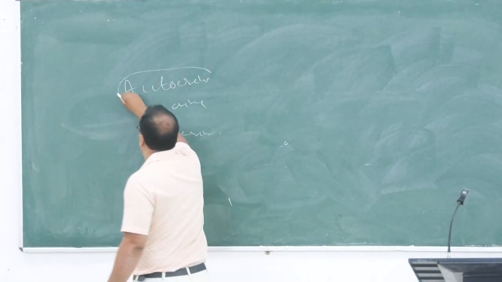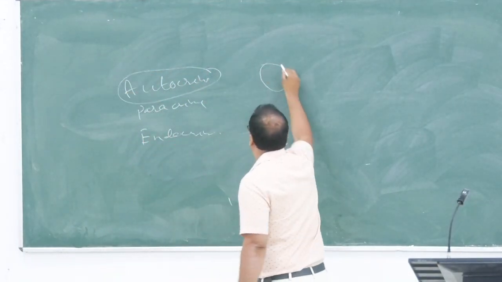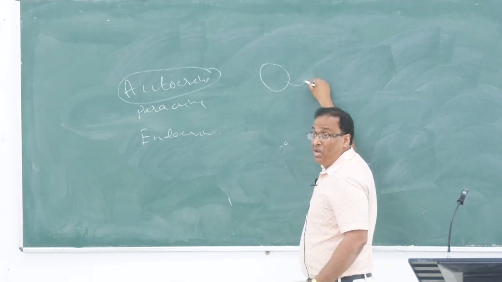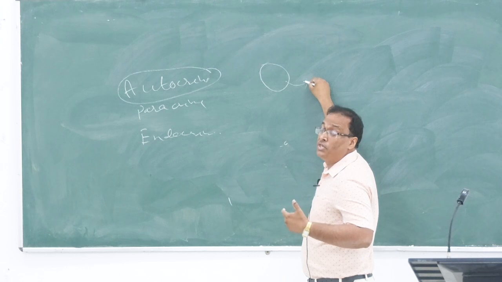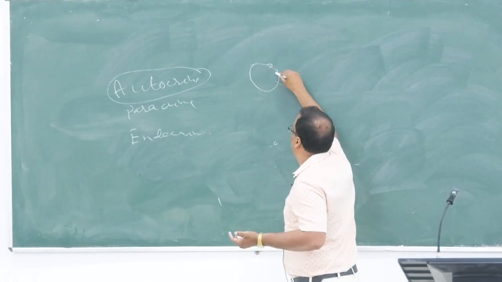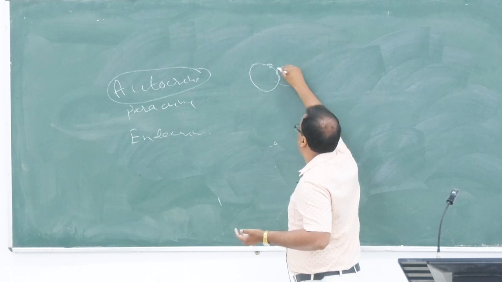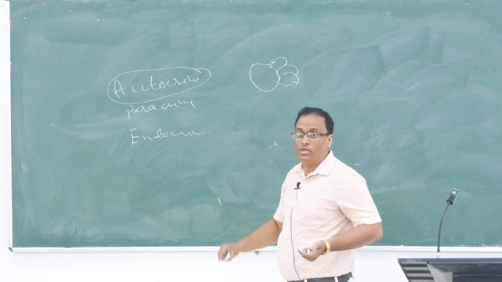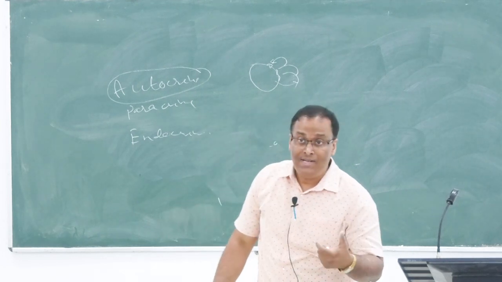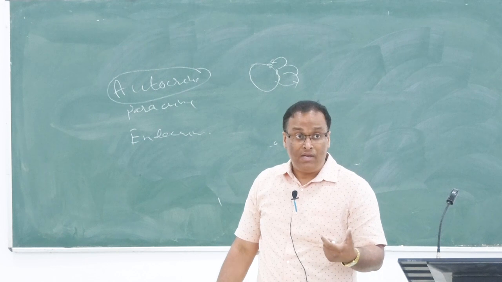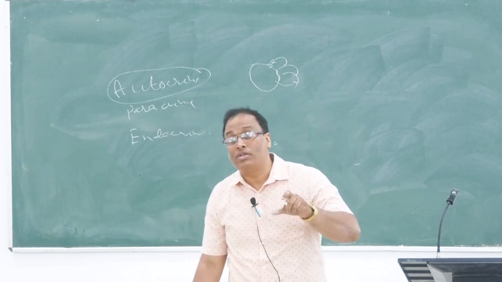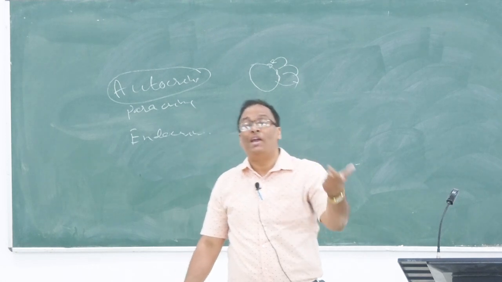Autocrine means any gland releasing something, where there is a high concentration of that receptor present right there. It will act right here, without having to go anywhere else. Autocrine. So any chemical released from a gland acts on that same gland due to the higher concentration of the receptor for the chemical.